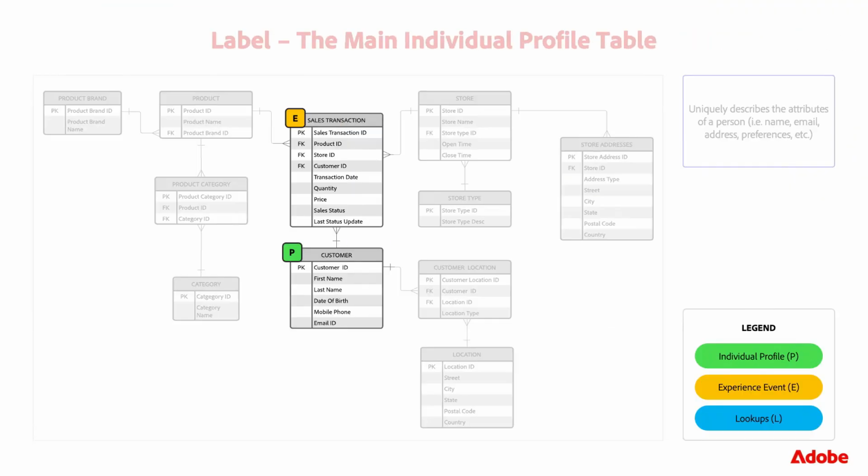Next, we want to label all the related experience event tables that are tied back to the individual profile table that was just labeled. Experience event tables should describe the interactions or touch points a person has with a brand or a company. These are the actions that someone is taking. These tables will also likely contain some identifier that will relate it back to the main table that you labeled previously.